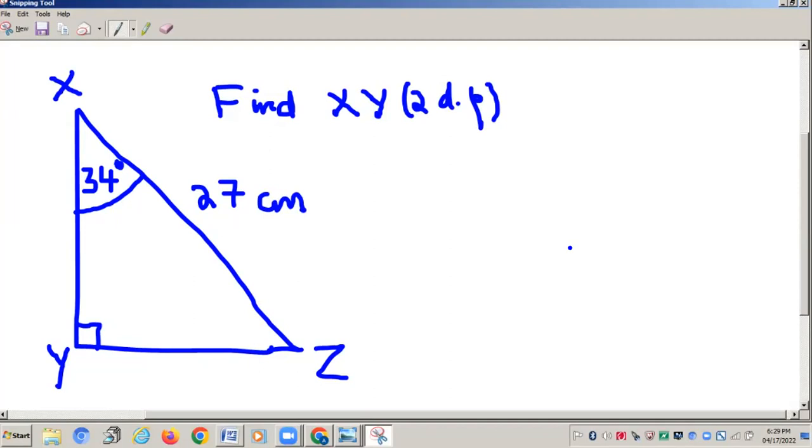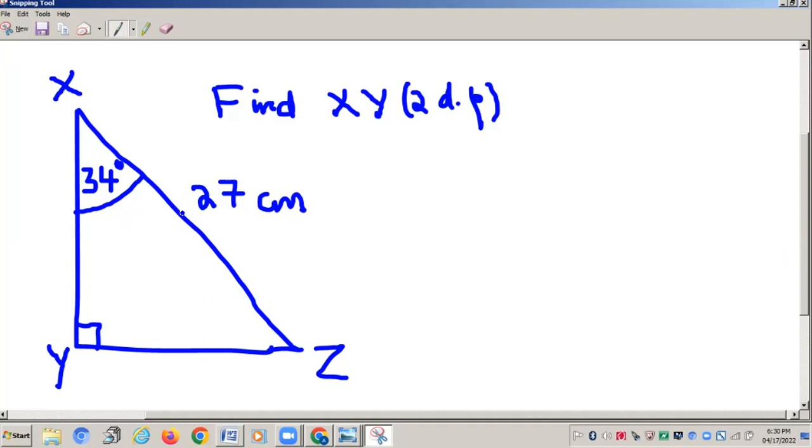With Pythagoras, if they give you 2 sides, we can find the other one, but they only give us 1 side. So we have to use trigonometry, because in trigonometry they give you an angle and a side. You can make a note of that: in trigonometry, they have to give you an angle and a side.